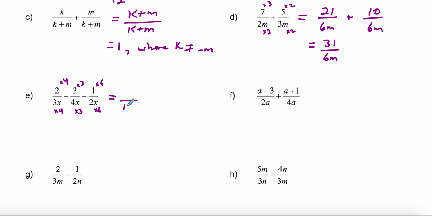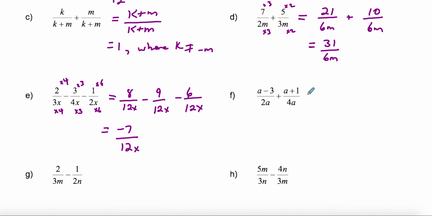So I have 8 minus 9 over 12x minus 6 over 12x. And since I have common denominators now, 8 minus 9 is -1, minus 6 more is -7 over 12x.